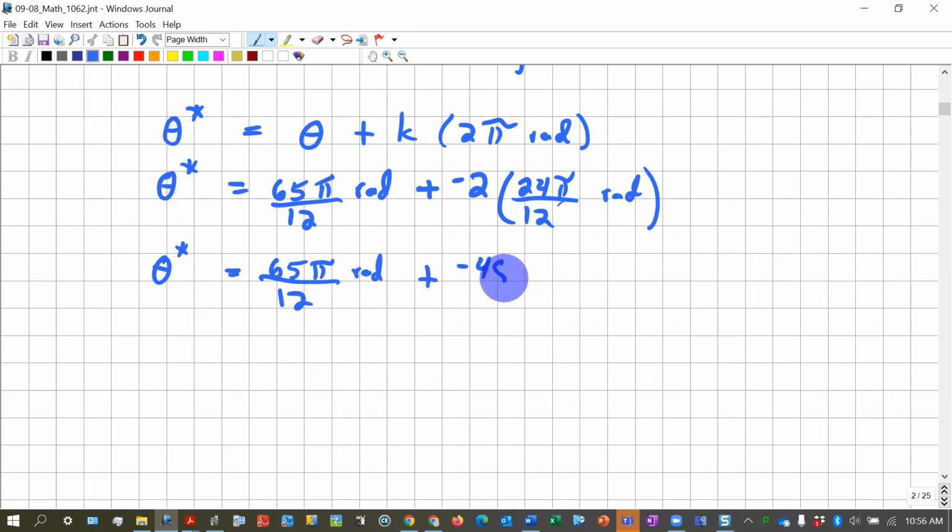So that would be negative 48 pi over 12 radians. And when we subtract, we get 17 pi over 12 radians.